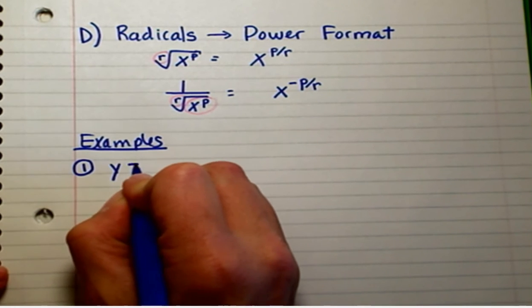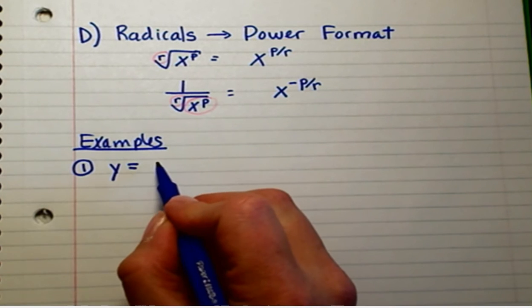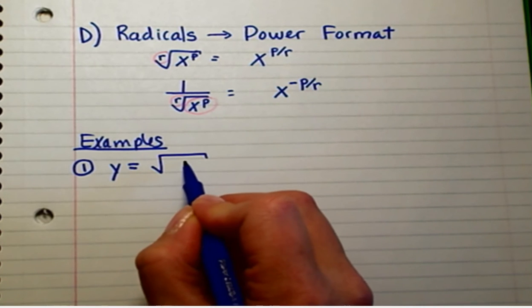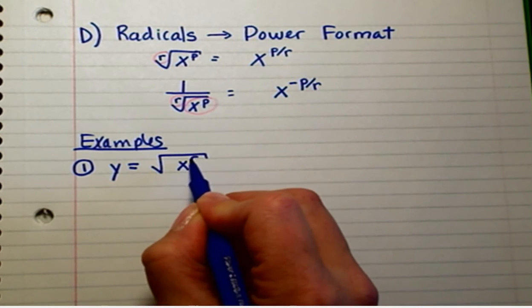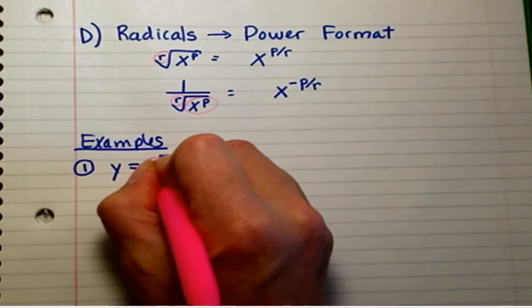All right, y equals square root of x to the 5th. All right.